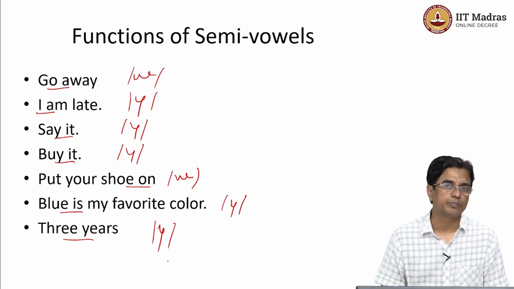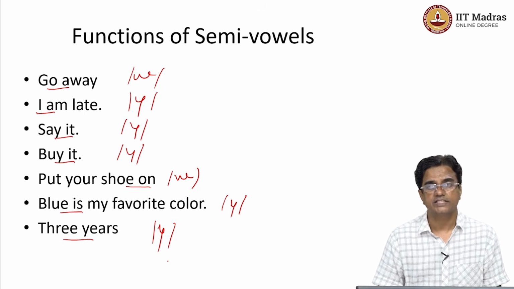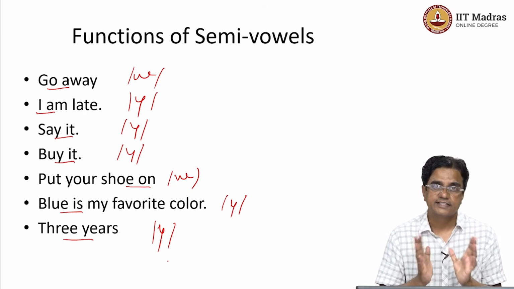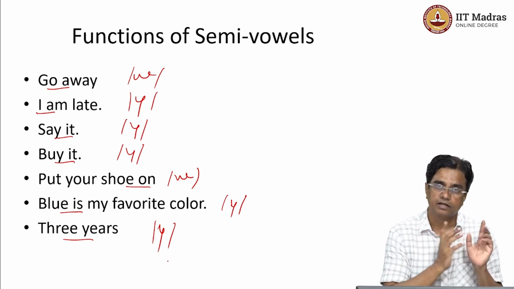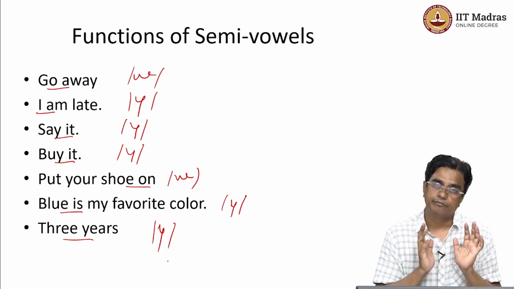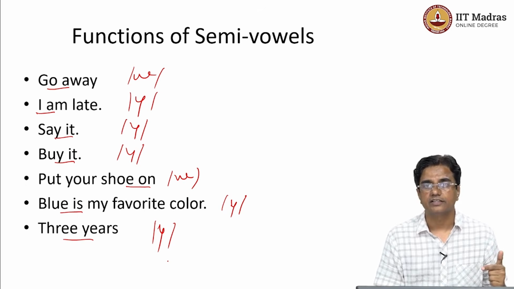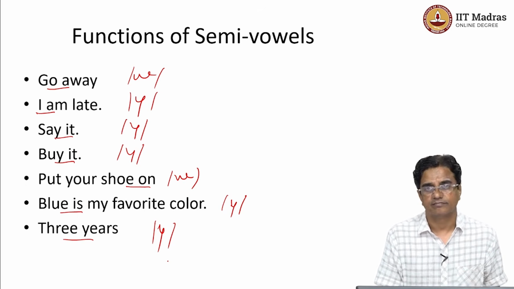When you listen to people speak English, particularly those who grew up speaking English, you will notice these things. And an understanding of semi-vowels in this fashion will help you understand others and make sense faster and more carefully. When you hear others, it won't sound like you did not understand what they said.